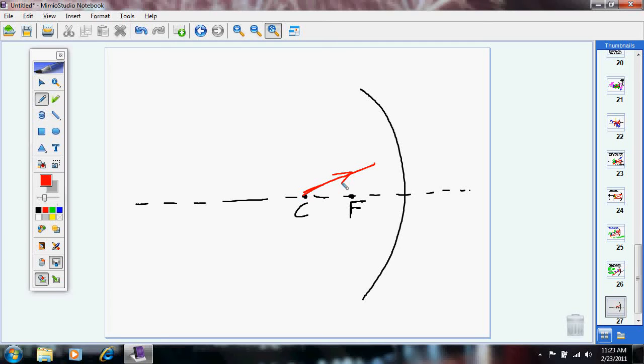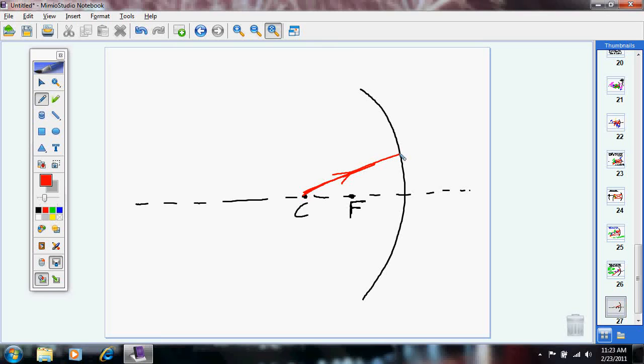Remember, because this is a spherical mirror, yes? And if it's going right along a radius, the radius is right along the normal line. So if the light ray is right along the radius, which is right on top of the normal line, how's it going to hit the mirror? At an angle or head on? Head on.